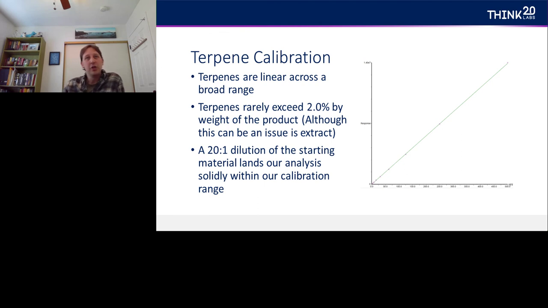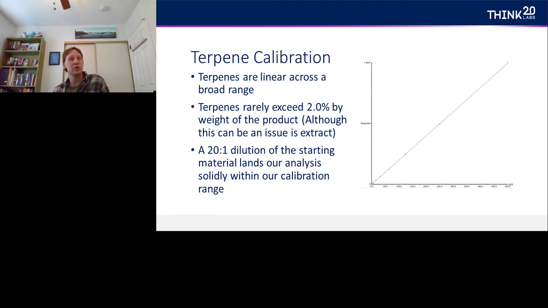And so our calibration, so terpenes typically are linear across a broad range. I think in this, we typically run from about 2 parts per million up to 500. Terpenes rarely exceed 1 to 2% by total weight in flower. Although with extracts, things like live resins, this sometimes can be an issue.